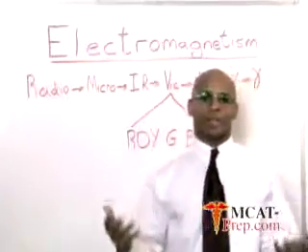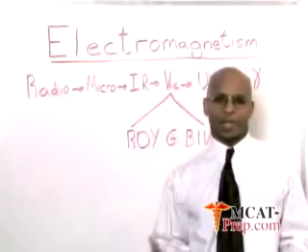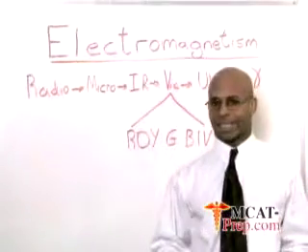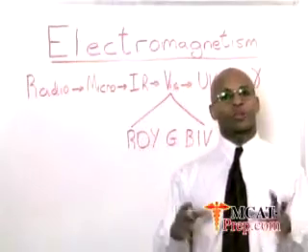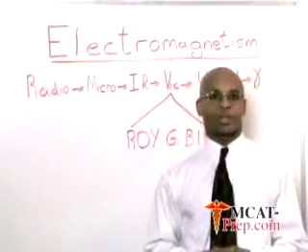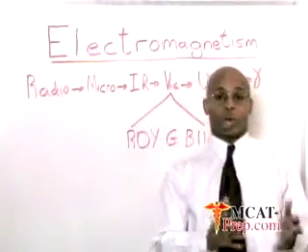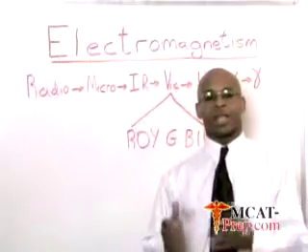So what does electromagnetism have to do with the electromagnetic spectrum? How is it related to light? Well, first we have to start that conversation with discussing the dual nature of light. Light behaves sometimes like a wave and sometimes like a particle.